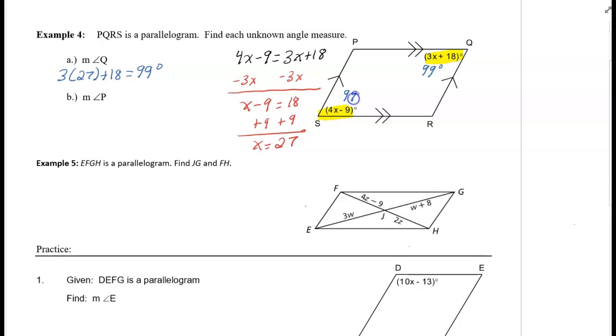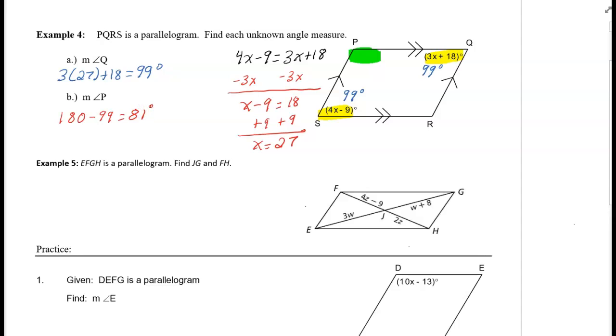Angle S is also 99. Now remember, the fourth property we talked about is consecutive angles are supplementary. So angle P here in green plus angle S add up to 180. So angle P is 180 minus 99, which is 81 degrees.